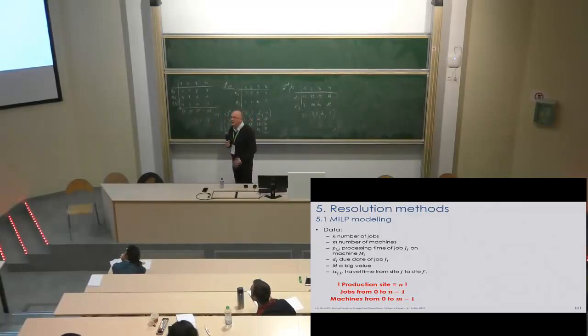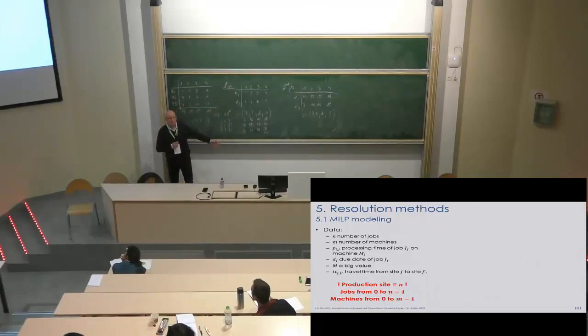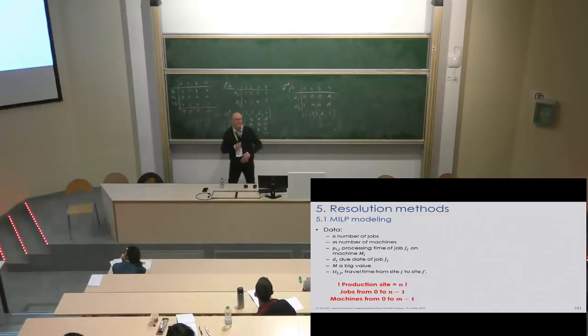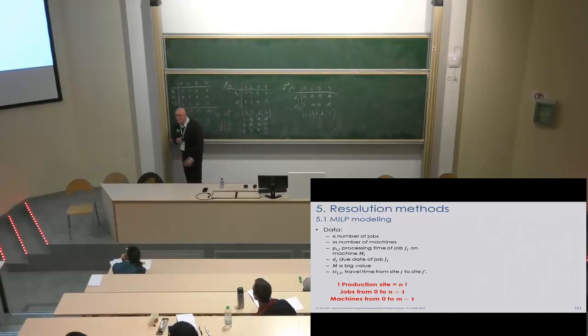That's very important. If you forget that the production site is N, and if you think that it is 0, as we generally say, because it's easy to say that the jobs are from 1 to N and the production site is 0, you will have some problems. So the production site is N and the jobs are from 0 to N minus 1.